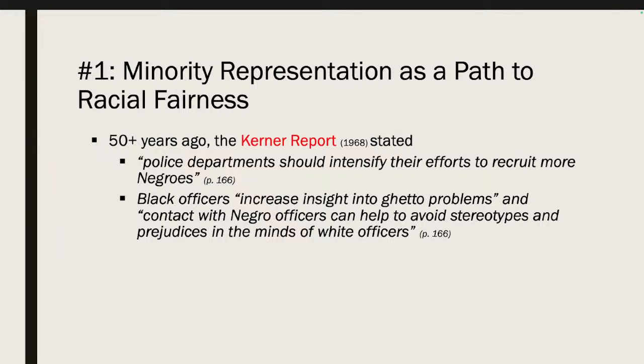The Kerner report stated, police departments should intensify their efforts to recruit more Negroes. That's their term. It also said, Black officers increase insight into ghetto problems, and contact with Negro officers can help to avoid stereotypes and prejudices in the minds of white officers.